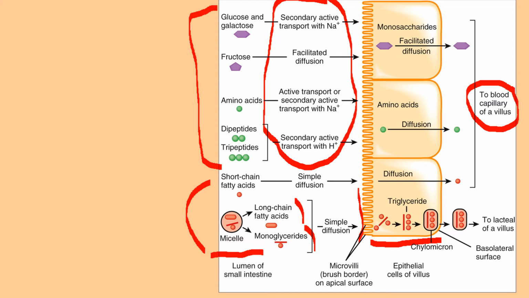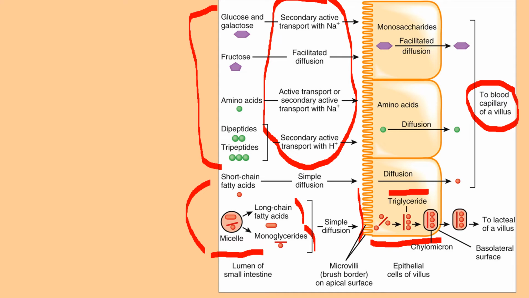So we have to chemically digest them into building blocks, monoglycerides and fatty acids, in order to get those materials into the cell. Then once they're inside the absorptive cell, they reform into triglycerides, and that triglyceride droplet gets coated in a layer of phospholipids to form this pretty large structure called a chylomicron.